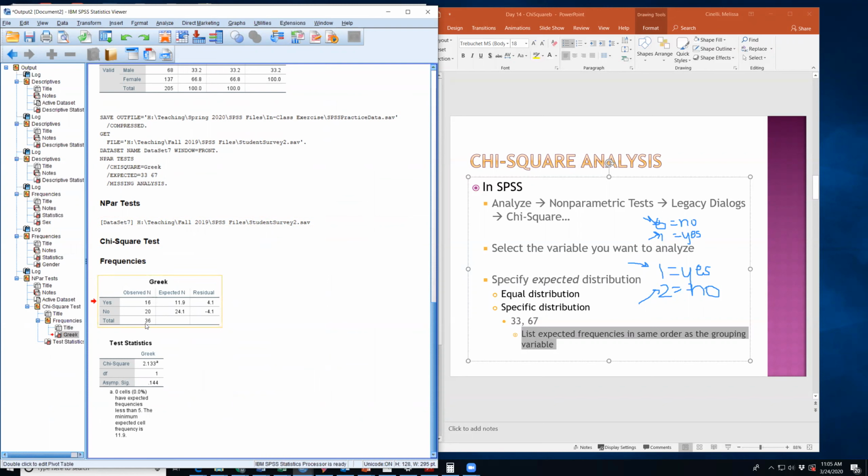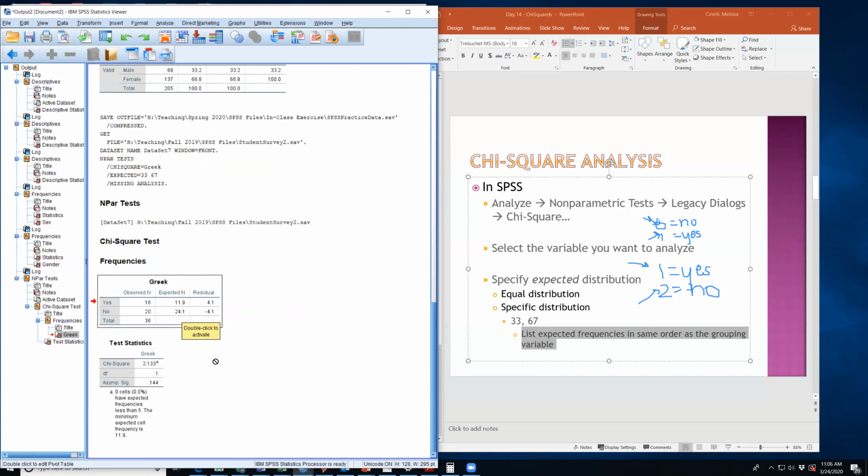This is telling us that 36 people took the survey, 16 of them answered yes, 20 of them answered no. The expected values, SPSS converts that 33 and 67% into counts: 33% of 36 is 11.9 and 67% of 36 is 24.1.